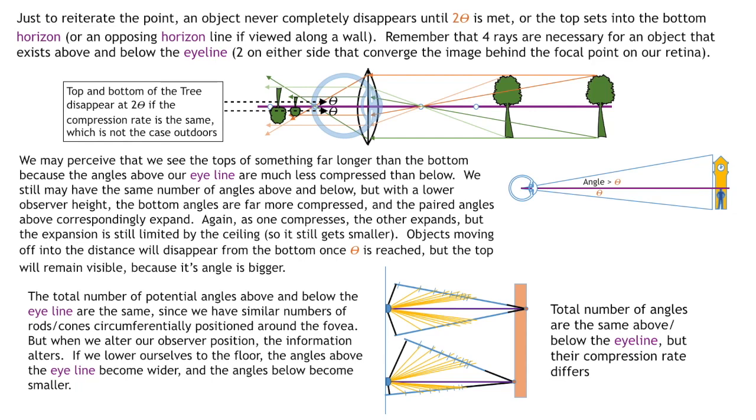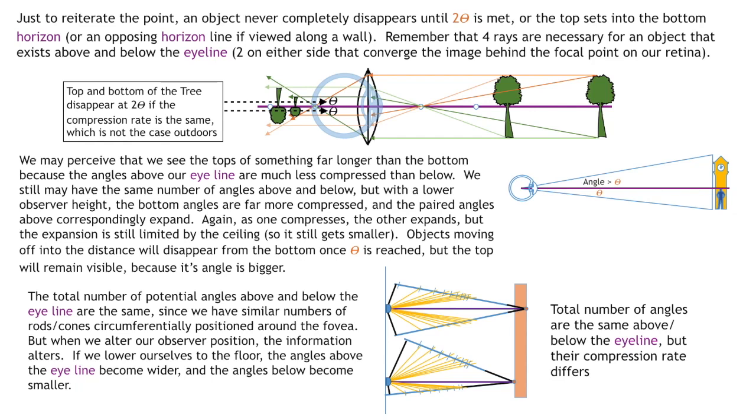The total number of potential angles above and below the eye line are the same, since we have a similar number of rods and cones circumferentially positioned around the fovea. But when we alter our observer position, the information alters.